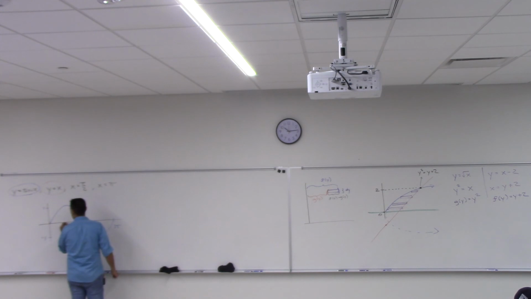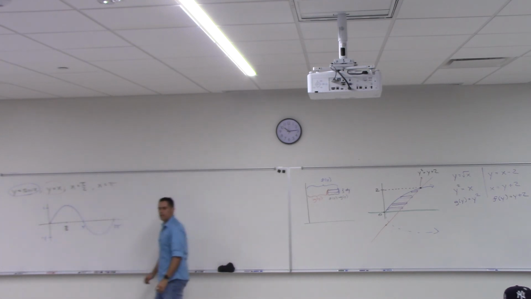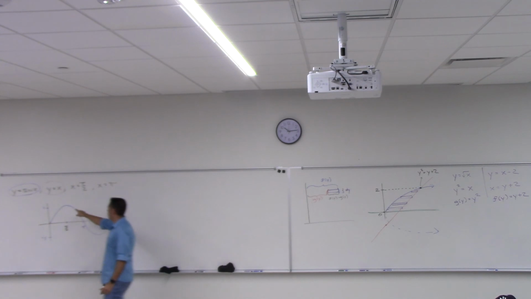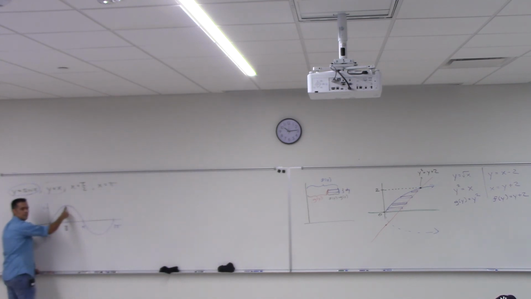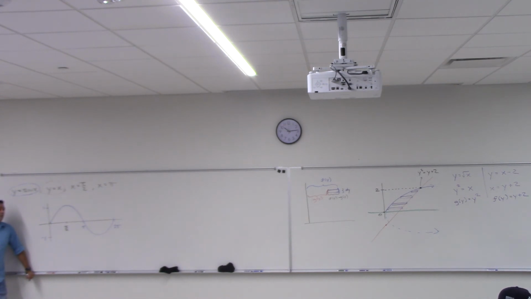I know that the peak of this is halfway between, that's pi over 2, isn't it? Right there? We know when you plug pi over 2 into sine, you're at 1, right? But what about when you plug pi over 2 into this? What's pi divided by 2? Is it bigger than 1 or smaller than 1?